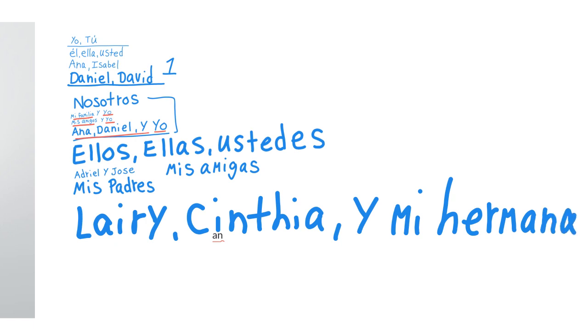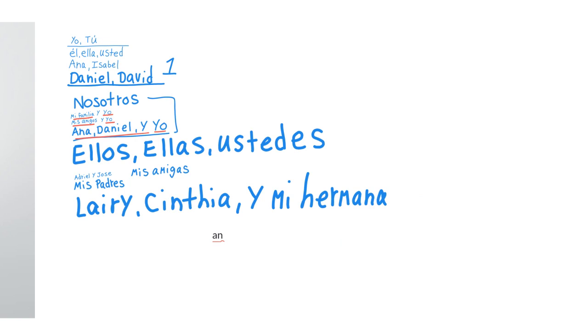Basically, for all of these, it's a group of people, so two or more people, but you are not included. So when you're not included, you're going to be using the form ellos, ellas, ustedes for your verbs.